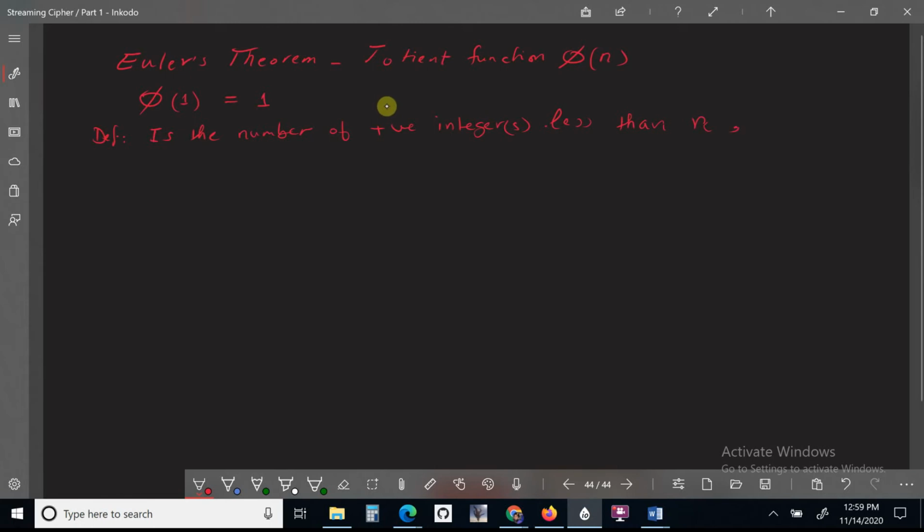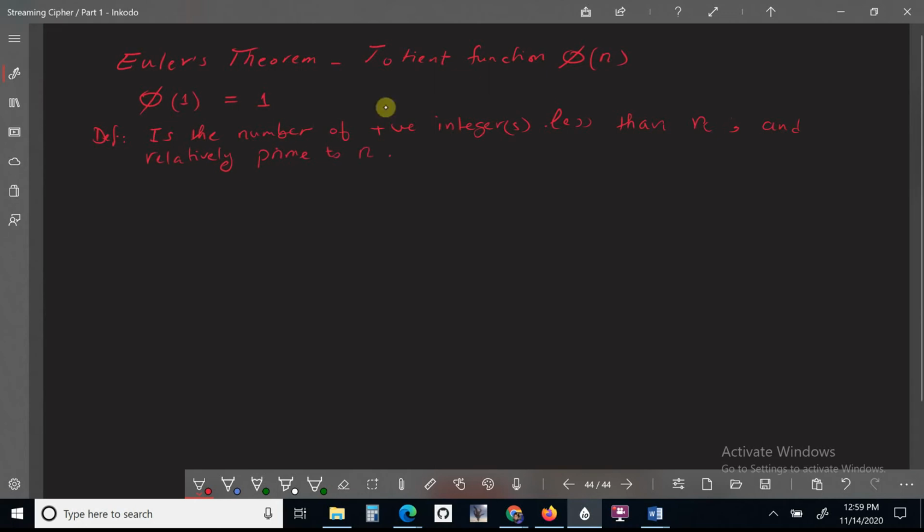The condition is that the positive integers less than n are relatively prime to n.